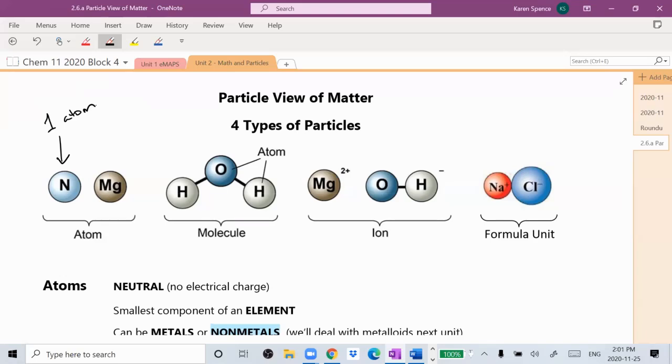You cannot break an element down any further than a single atom. And atoms have a neutral charge, which means they are not positive and they are not negative.